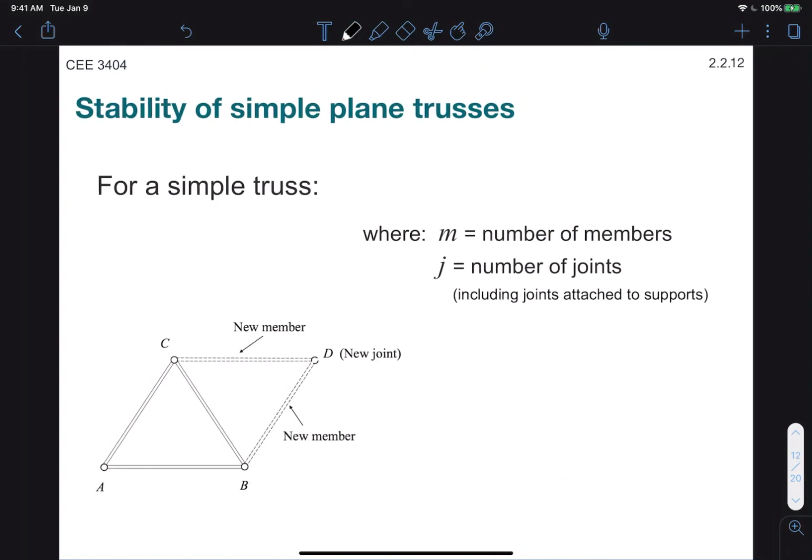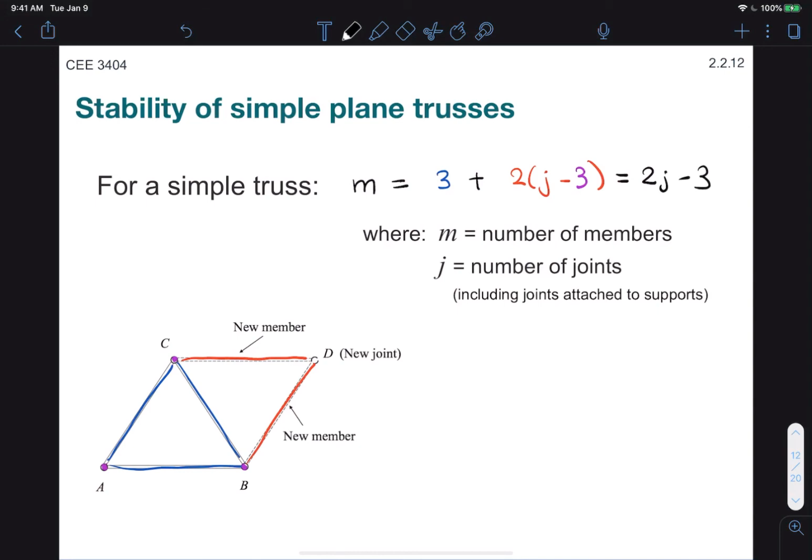So for simple trusses, we can formalize this by saying that the number of members, M, is equal to 3, the number of initial members in the triangle, plus 2j minus 3, which is the two new members per new joint rule. Keep in mind the minus 3 here corresponds to the 3 initial joints. And we can simplify that down to 2j minus 3.